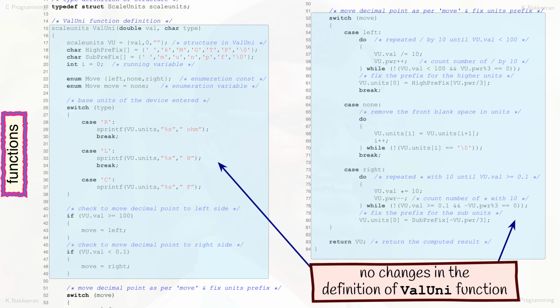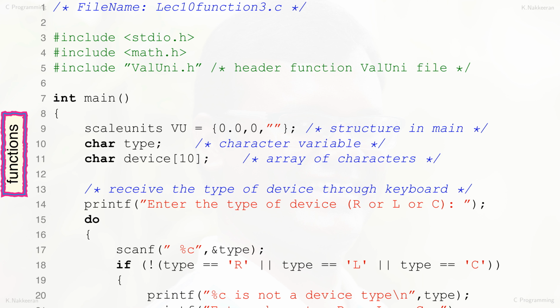There are no changes in the definition of the ValueUni function written in the programmer-defined function file named ValueUni.h. This C program is the same as the lec10 function 2.c program, with a replacement of the ValueUni function definition by the .h header file inclusion in the preprocessor directive.